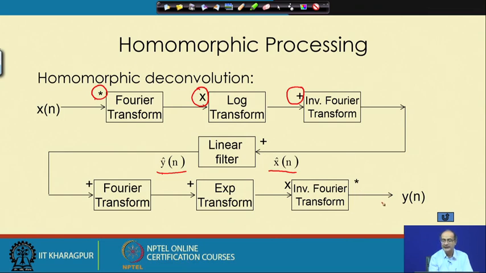So, we get back to the original domain here, and we get the output as y n. Okay. So, that is the way we can have the deconvolution using the homomorphic processing, and we can actually separate two components which are combined through that convolution operator.